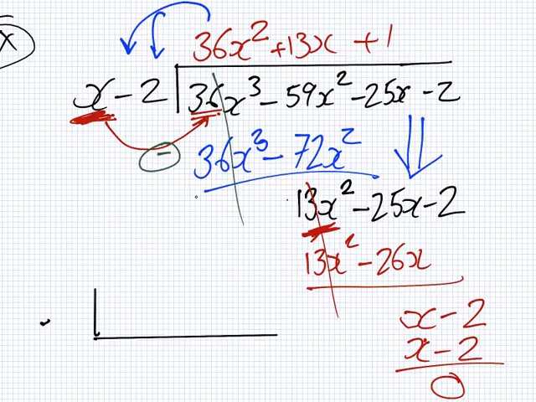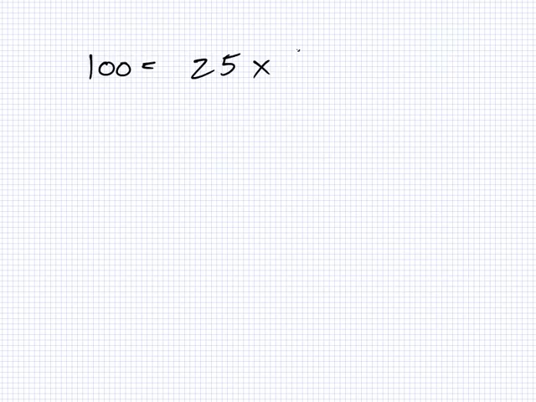Okay. Right. Continuing then. So some applications, some vocabulary. Okay. So if I have 100 is 25 multiplied by 4, we can say that 25 is a what of 100?